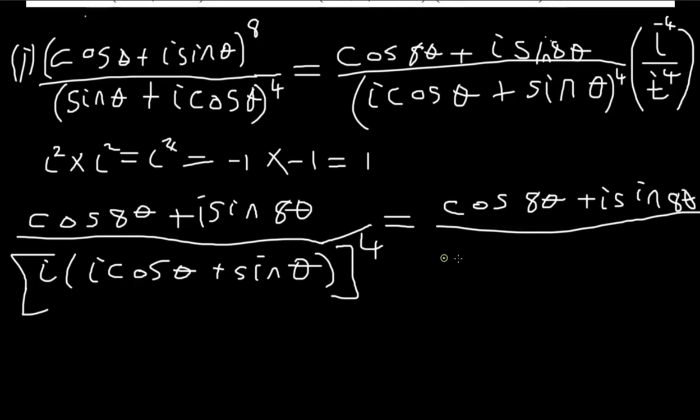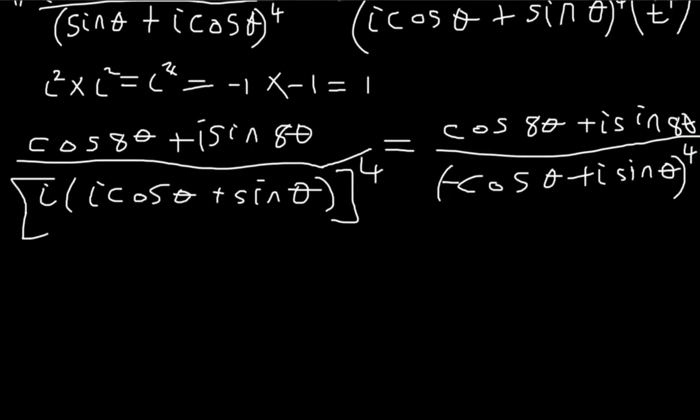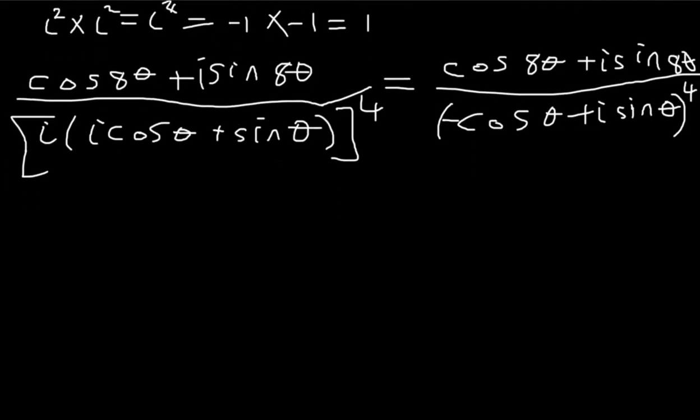So I'm going to get negative cos theta, and then i times sine theta, you get plus i sine theta. Then what you do now is you raise it to the power 4 like that.